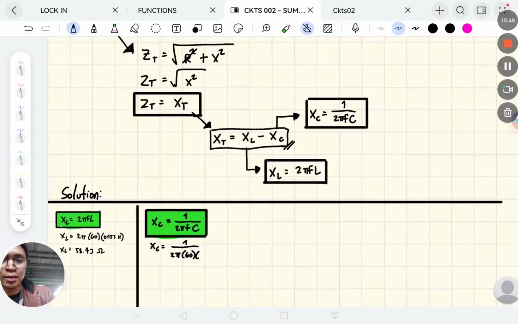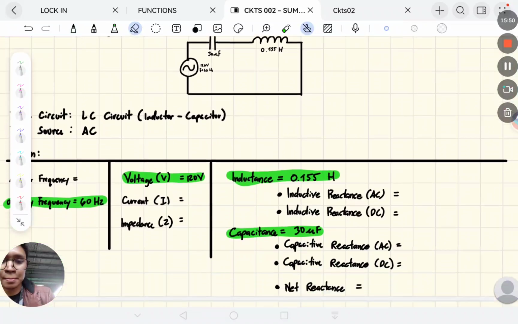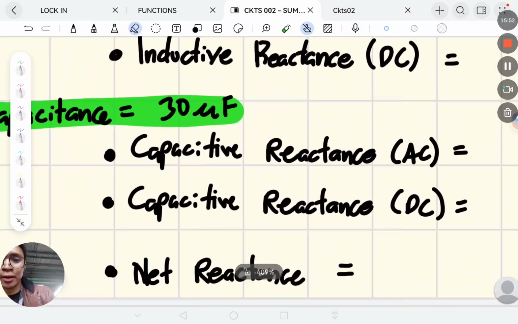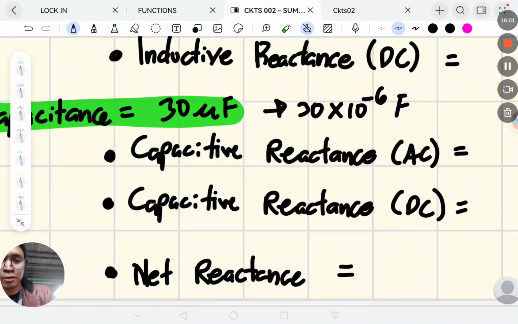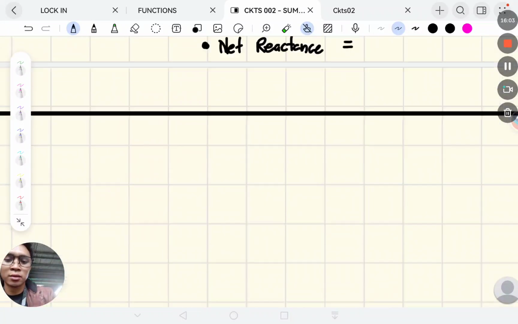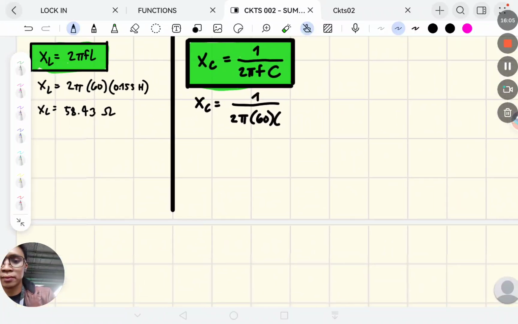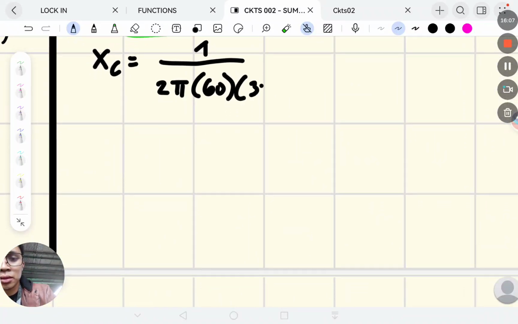Ano ang capacitance natin? 30 microfarad. We could actually write this down as 30 times 10 raised to negative 6 farad.